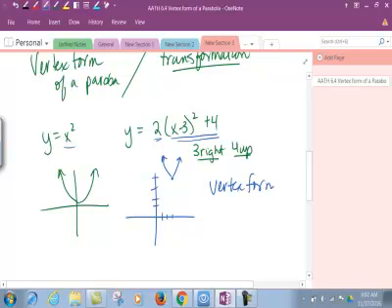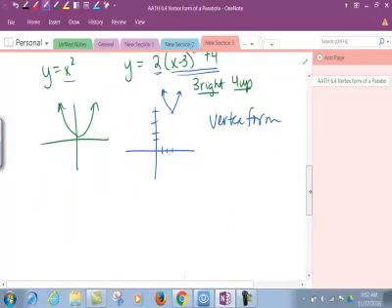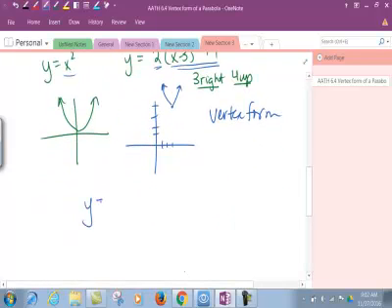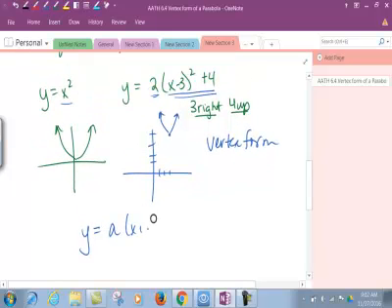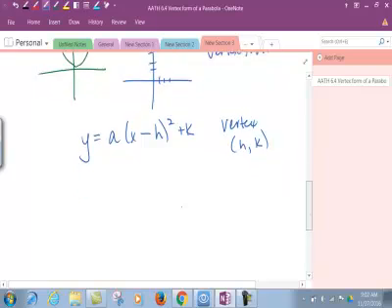So let's generalize: when we have a parabola y equals a times (x minus h) squared plus k, the vertex will always be the ordered pair h comma k. It's as easy as that.